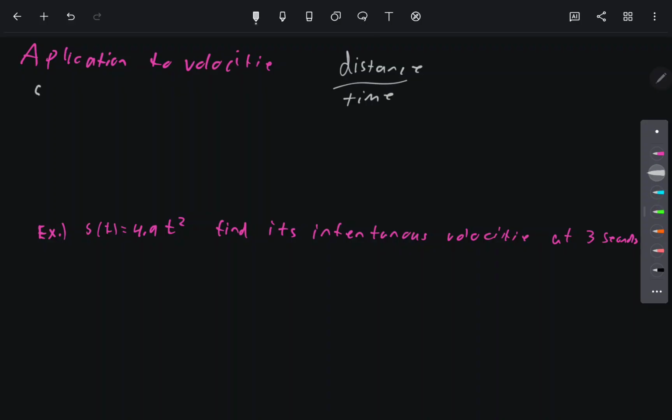Well, if we have a function that gives us distance, like s of t, because s of t is displacement, if I take its derivative with respect to time, so we have ds/dt, that is really just equal to our velocity.